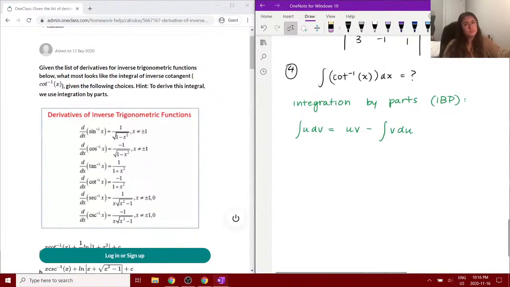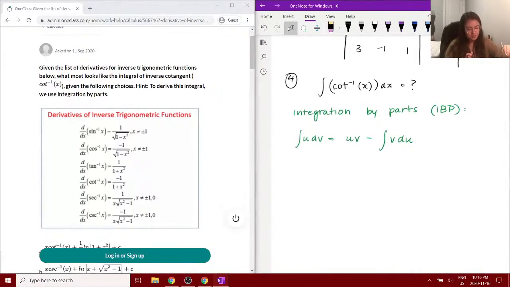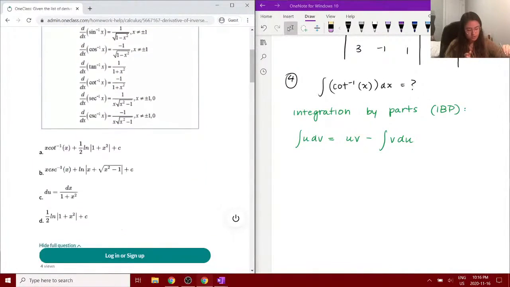And this is useful when sometimes the integral that you're taking is difficult, and this version, the integral of v du, the other part, is a little bit easier to solve. So we can see how this is applied, because right now we don't know what this solution is.